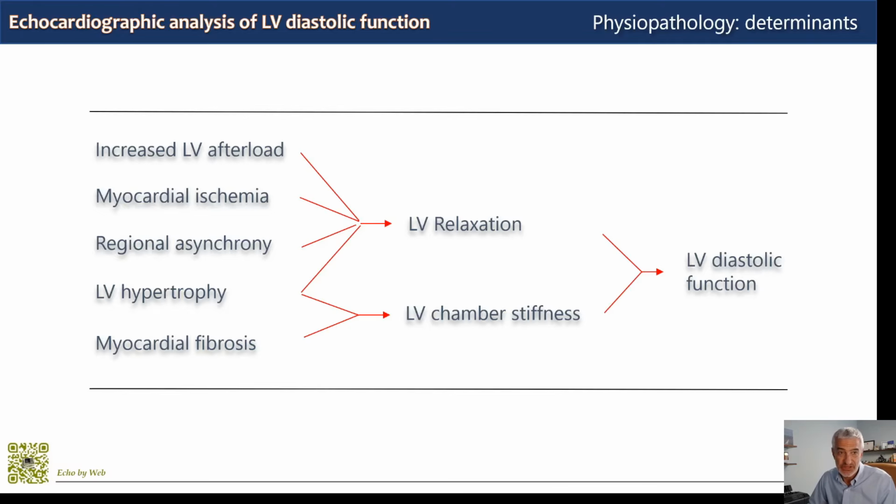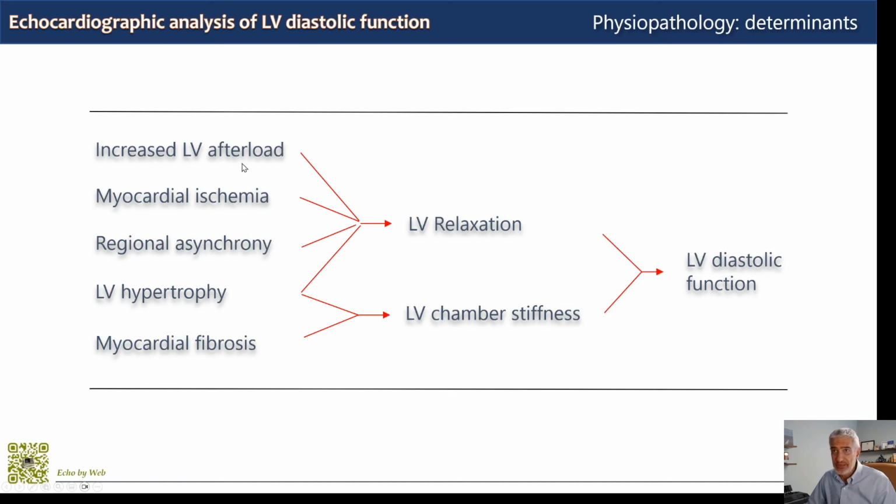So relaxation and chamber compliance, that here I'm showing as the reciprocal, chamber stiffness. We have just said that LV relaxation and compliance are determined by radically different mechanisms: active mechanism relaxation and passive mechanism chamber compliance. As you can see here, the anatomical and functional substrates that influence the two diastolic determinants are also different.